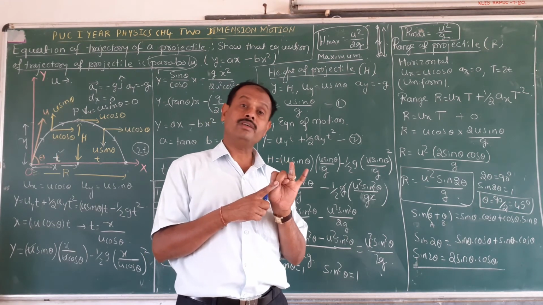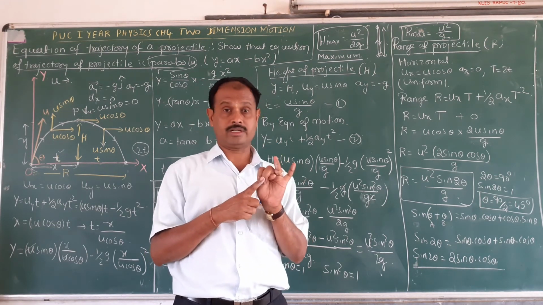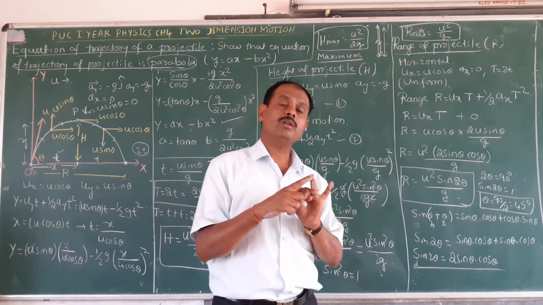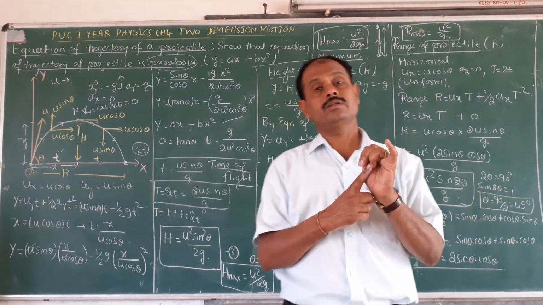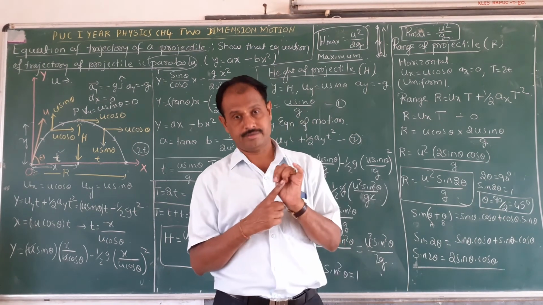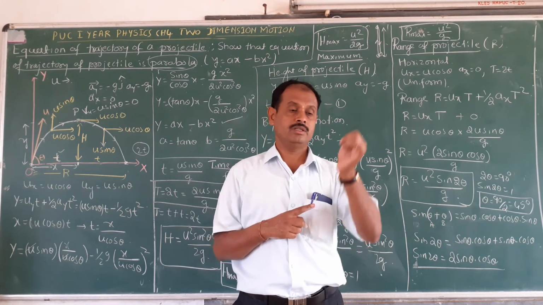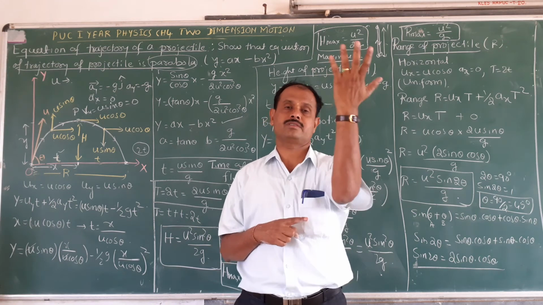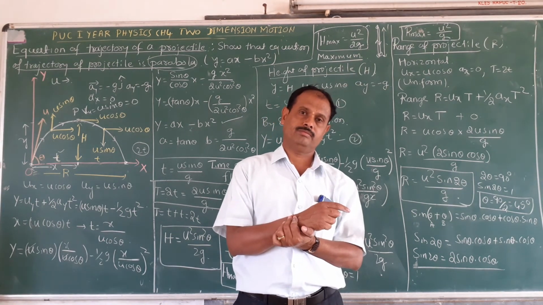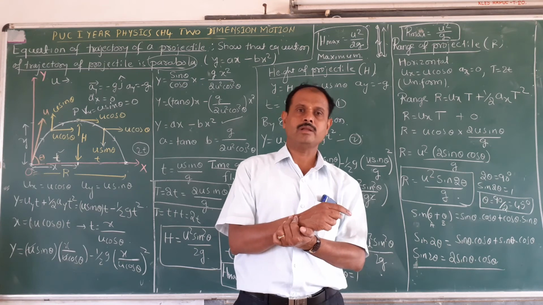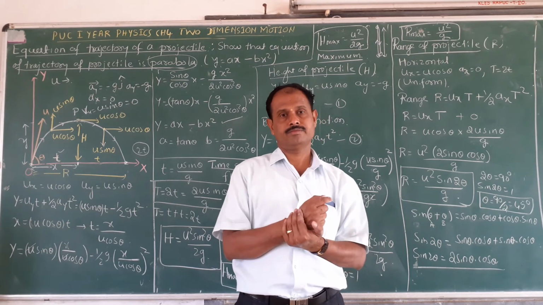Then the condition for the ultimate maximum height of the projectile. Then one more important, that is the range of the projectile. These are the very important expressions in the projectile motion, and examples.